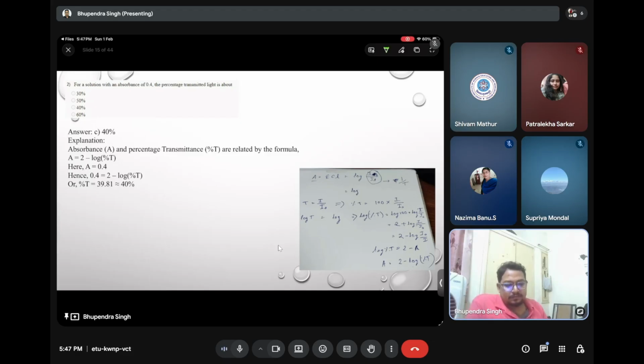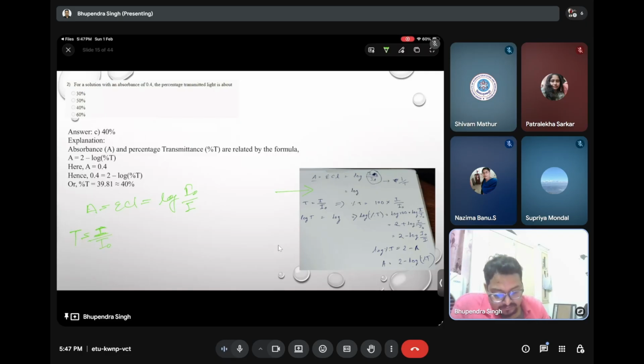So you know the formula. This I have already calculated here. You can see that epsilon Cl equals log I0 by I, and the transmittance T is equal to I by I0.